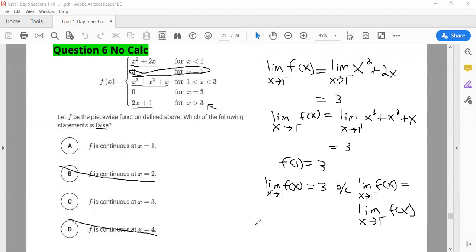The big statement is that, and all that you need to say here to say that this is continuous, you say continuous at x equals 1, and I need the at, okay? Because, and here's the statement, this is the money right here: the limit as x goes to 1 from the right or left is 3. But we're not going to write that.